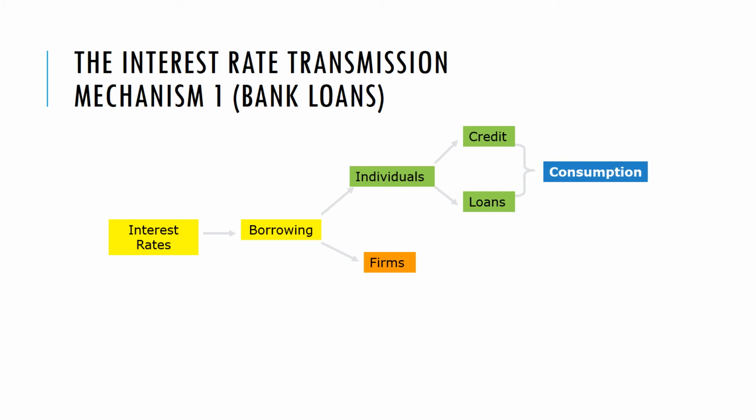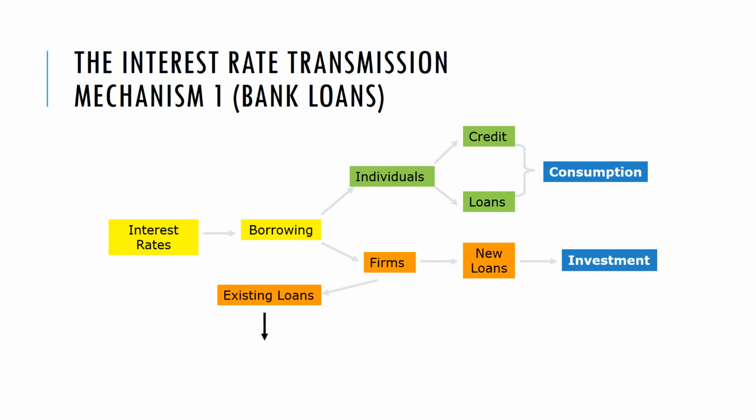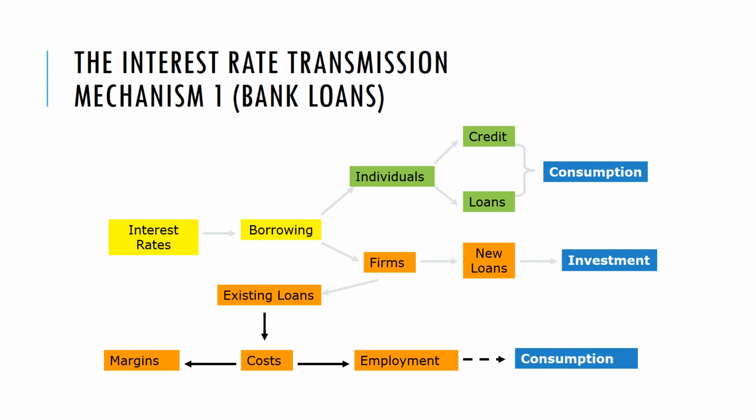If we think also about the impact on businesses, if interest rates are cut, they're going to be taking out more new loans, which in turn should lead to more business investment. Their existing loans should become cheaper, which reduces their costs, which should increase their profit margins and increase employment. And this again should increase consumption and investment.